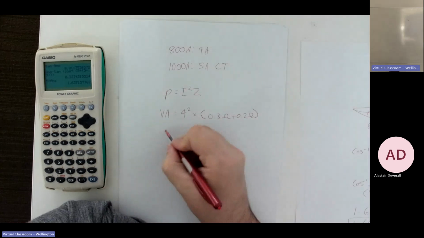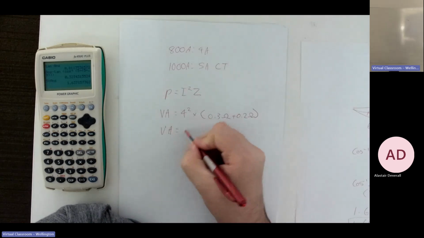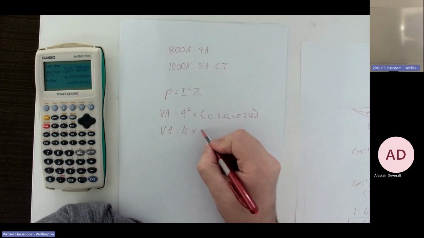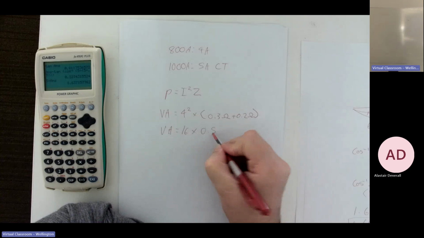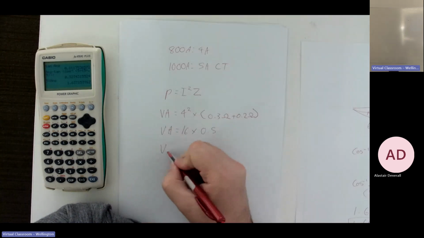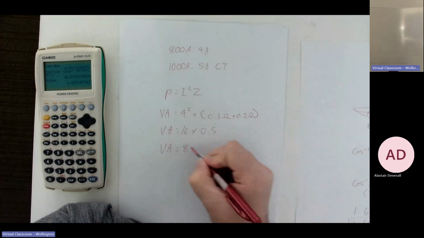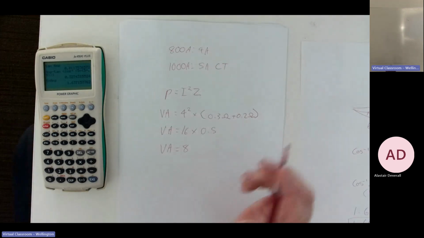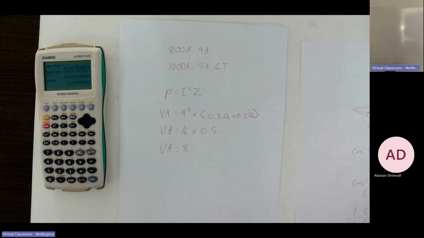So what we end up with here is VA equals 4 squared, which is 16, times 0.5, which is another way of dividing it by 2. So VA equals 8. That would be the answer to your burden question. Hopefully this has been helpful, and good luck with it later on.